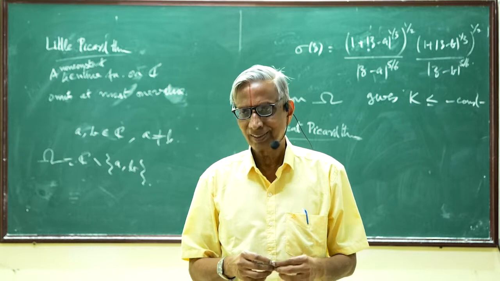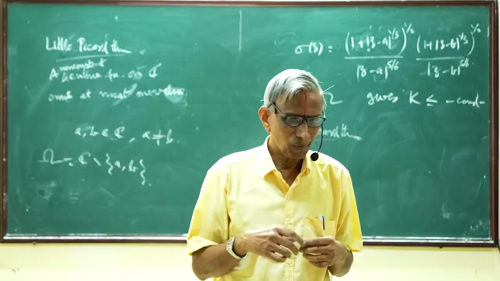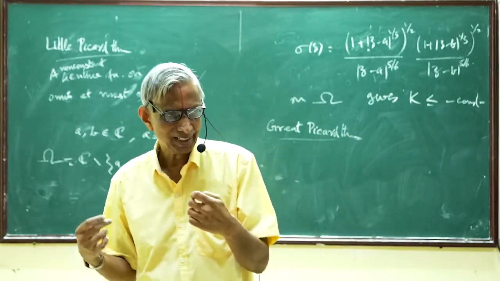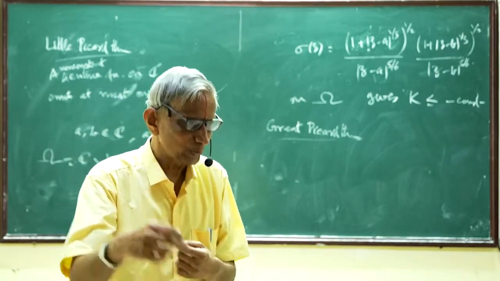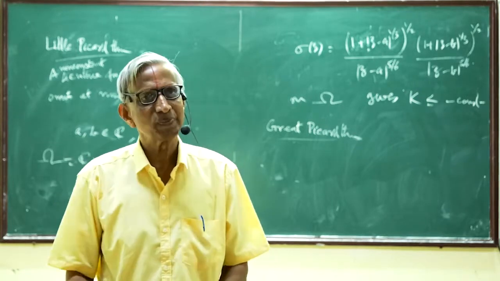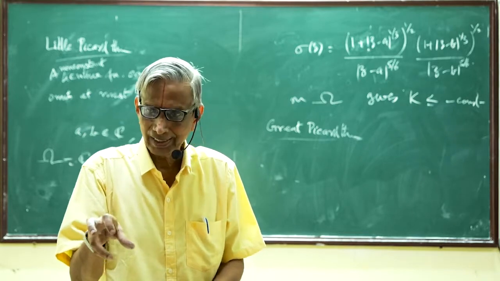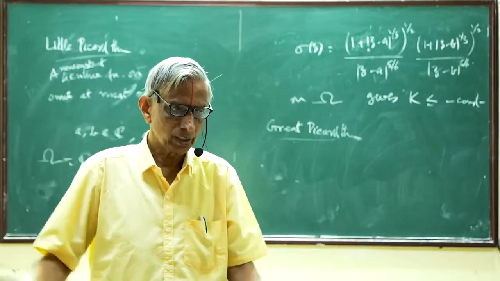Right? You have seen this? How is it stated in Ahlfors? I think it's stated something like that it takes values arbitrarily close to any given complex number. So in topological terms, what it says is that in any neighborhood of an essential singularity, the range of f is dense in the complex plane.